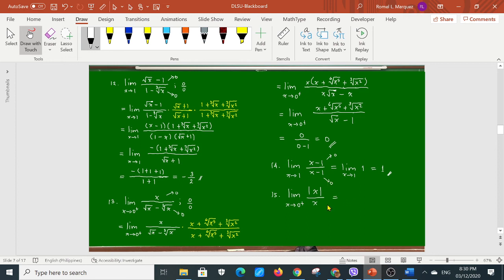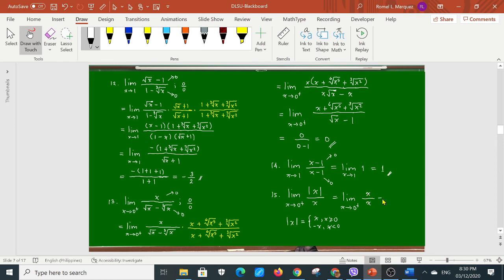Anong sagot, children? From the right, how do we define absolute value? It is x if x is positive or equal to 0. It is negative x if x is less than 0. Anong gagamitin mo? Yung positive x or negative x? Positive x over x.